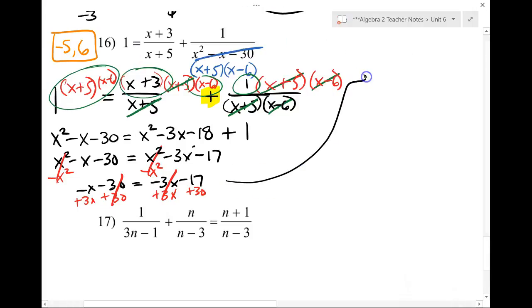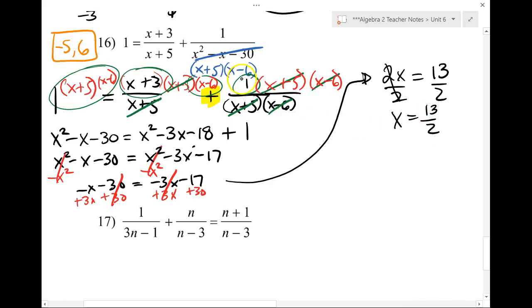So now I'm going to have negative x plus 3x, well, that would be 2x, and then equals negative 17 plus 30. Well, negative 17 plus 30 would be 13. And then our last step would be to divide by the coefficient in front of the x. And so I end up with x equals 13 over 2.